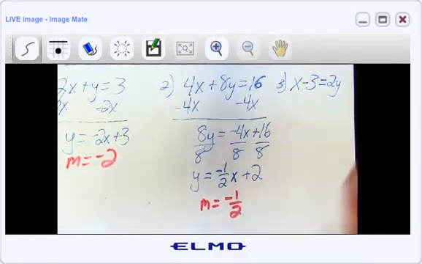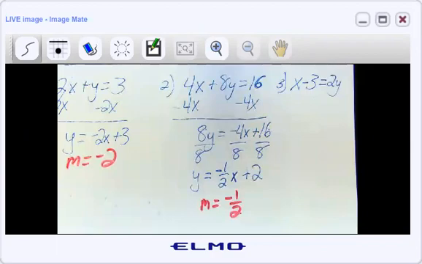Okay, this one, I want to get the y by itself. It kind of almost already is. But one thing I already don't like, do you see how the y is on the right-hand side? I can't stand that, right? We're so used to having y on the left. So for me personally, I'm going to flip them. Can't I take a whole equation and just flip them around? You can do that.